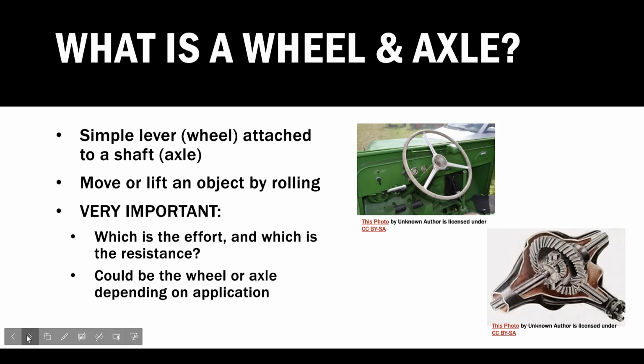So the axle is turning effort, and as a result, the wheels on the car are turning resistance. Depending on application, you want to think about it: where is the work? Where is the energy being put in? What is it that you are turning versus where is the work being done, or what is being turned as a result?